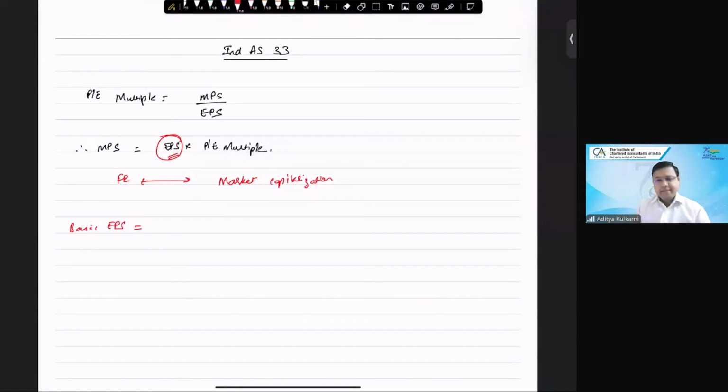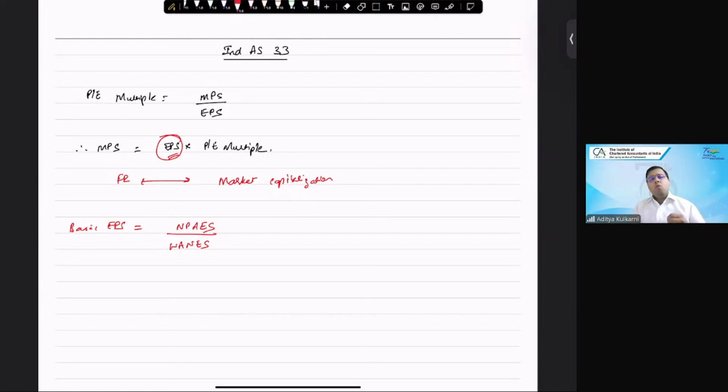Have you studied basic EPS? Yes. What is basic EPS? Net profit attributable to equity shareholders divided by weighted average number of equity shares. Do you recollect this?